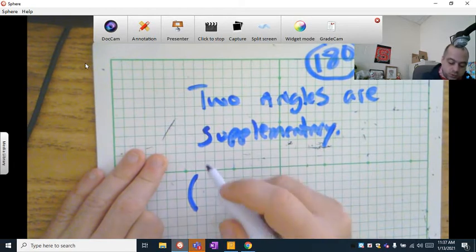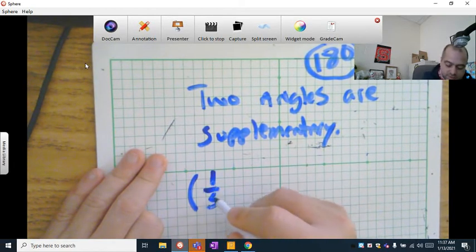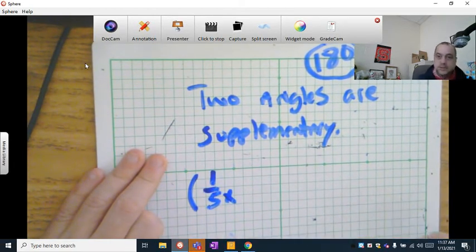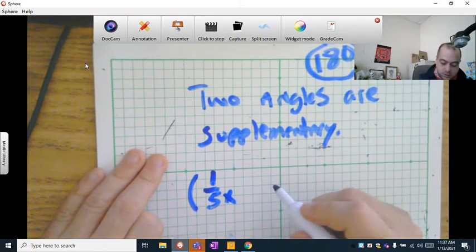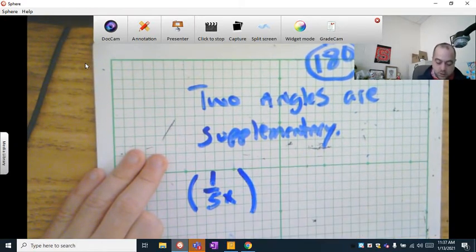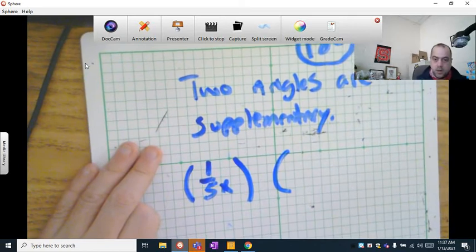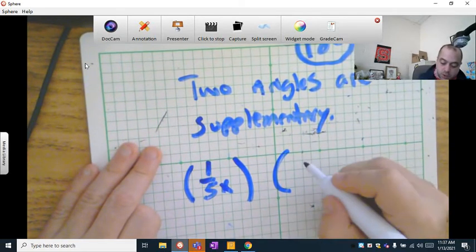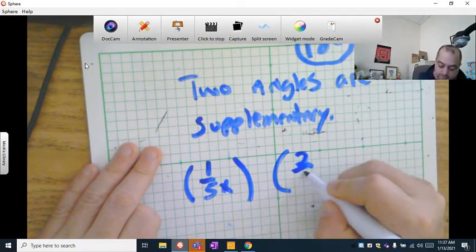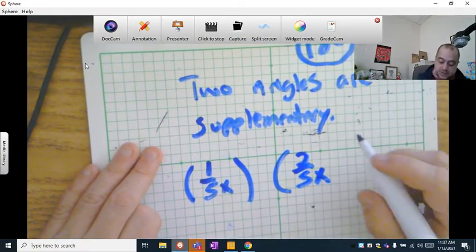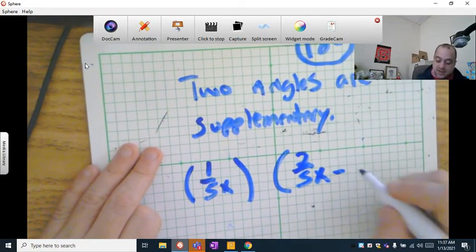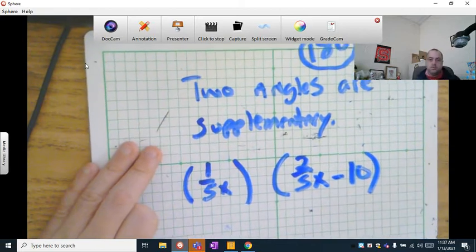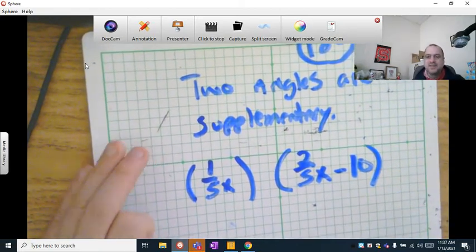All right, let's do 1/5 x for this one. And for this one, let's do 2/5 x minus 10. And they're supplementary. All right, this seems crazy, but it's not.